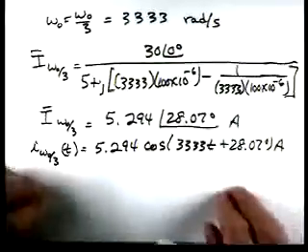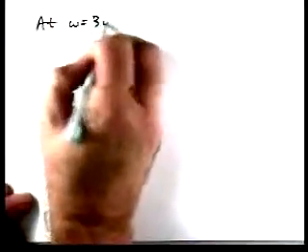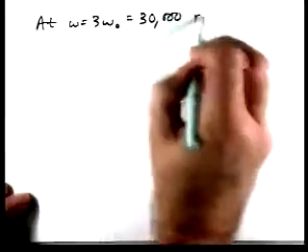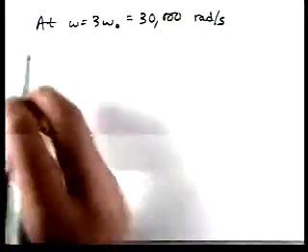Then our last calculation is at omega equal 3 omega naught, which is 30,000 radians per second.